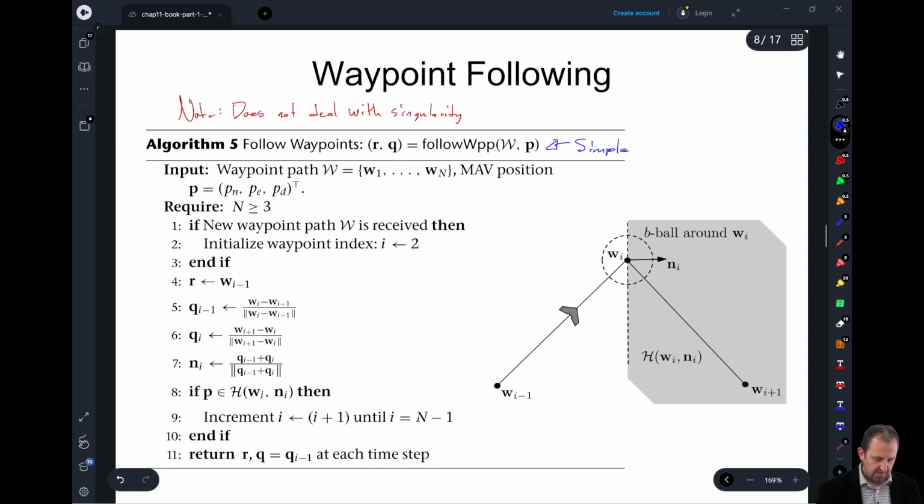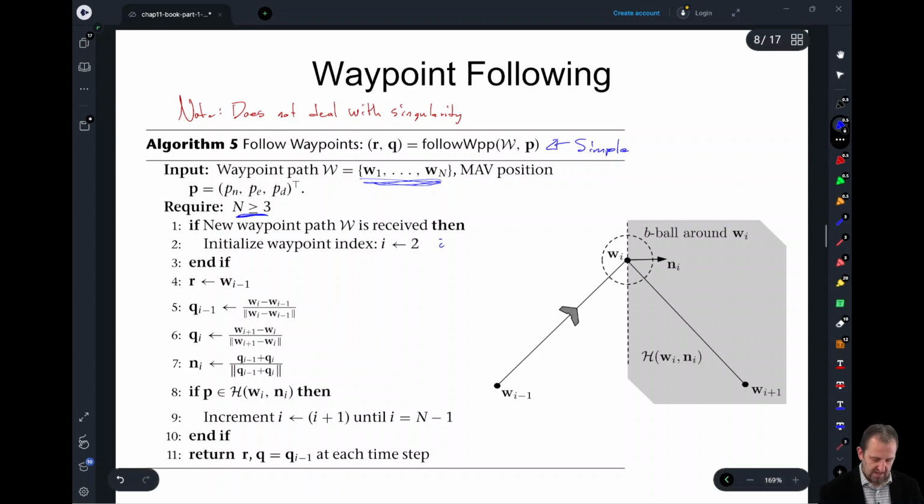The input to this algorithm is just our series of waypoints that we're going to be traversing. And we require that n is greater than or equal to 3 because we're going to be switching between them. If it's not, then we might as well just send on over the 2 waypoints that we receive.